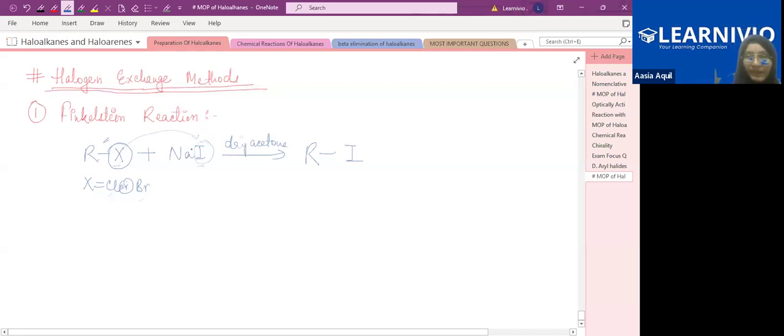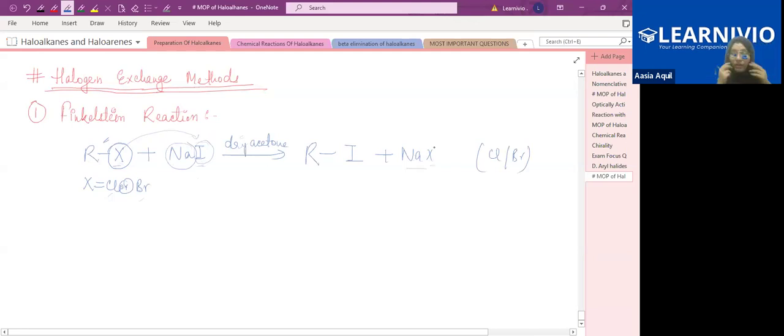And what will be the byproduct? NaX, and again X could be either chlorine or bromine. If you are taking RCl over here, the byproduct will be NaCl. If you are taking RBr, the byproduct will be NaBr, sodium bromide.